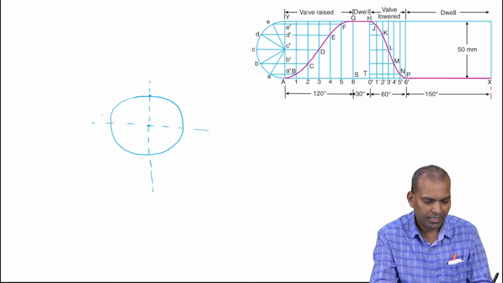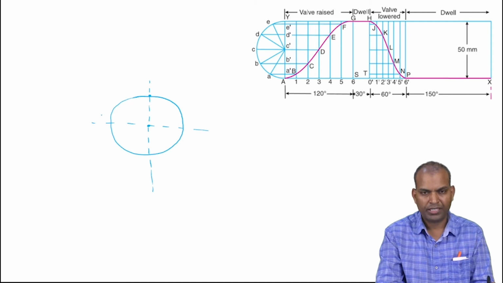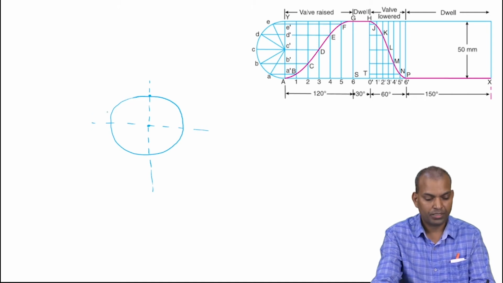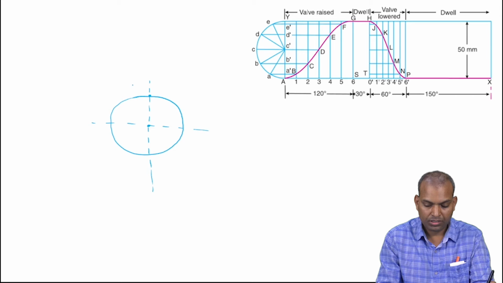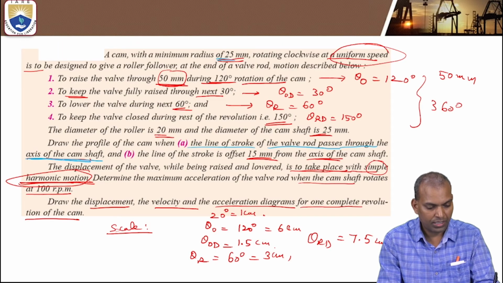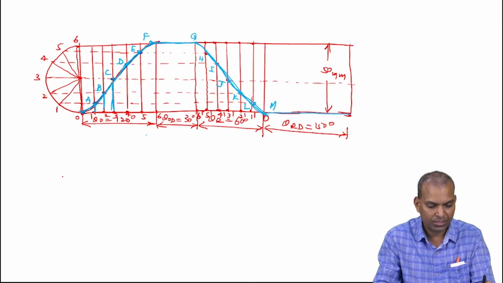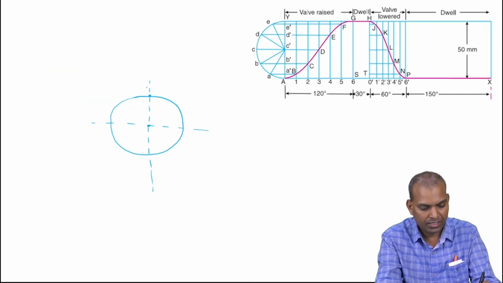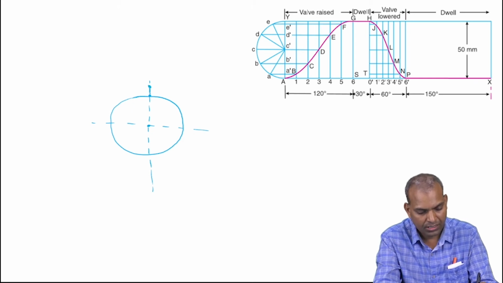This is the radius of the cam, 25 millimeters radius, that is 50 millimeters diameter. Now what is the radius of the roller? The diameter of the roller is 20, that means the radius of the roller is 10 millimeters.